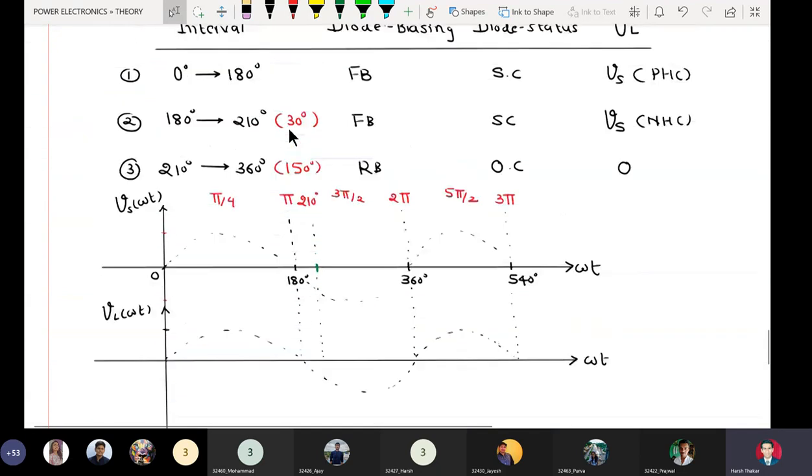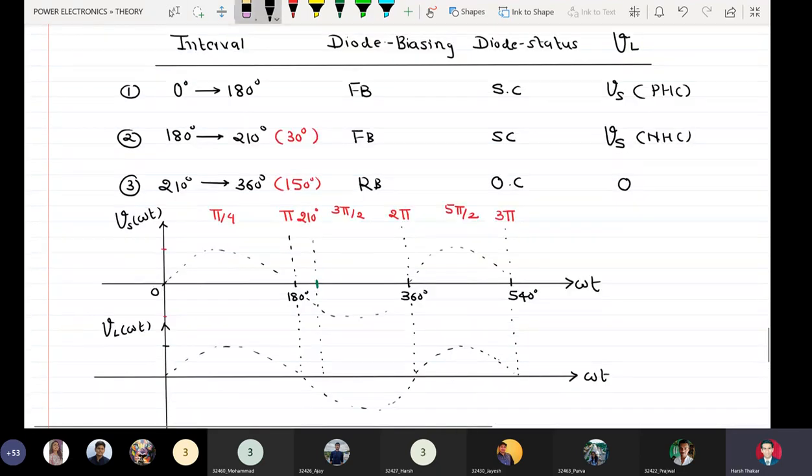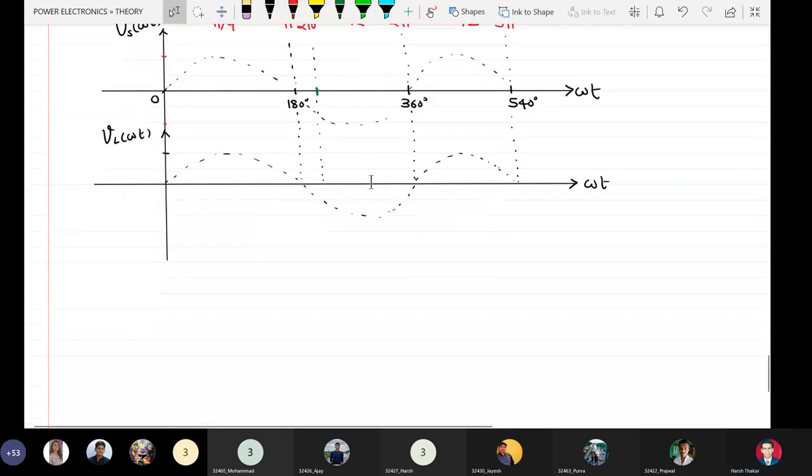As we have told that our diode is going to remain forward biased all the way from 0 degrees to 210 degrees, so waveform will look like this.